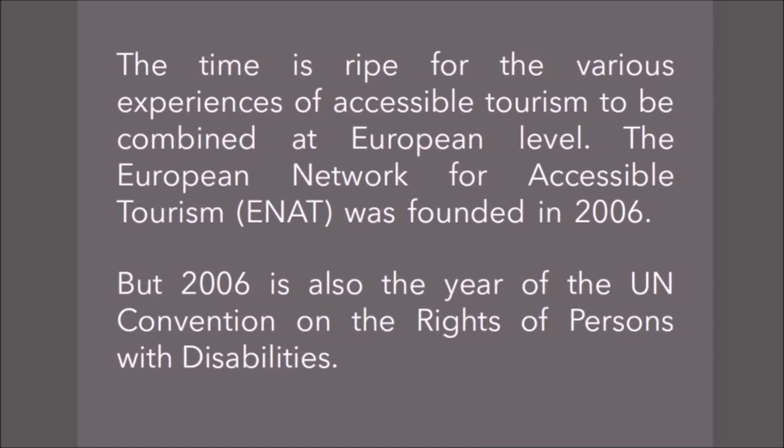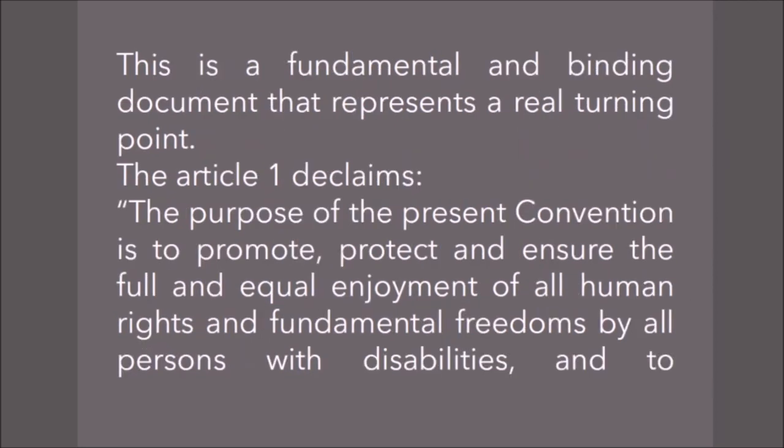The European Network for Accessible Tourism (ENAT) was founded in 2006, but 2006 is also the year of the UN Convention on the Rights of Persons with Disabilities. This is a fundamental and binding document that represents a real turning point.